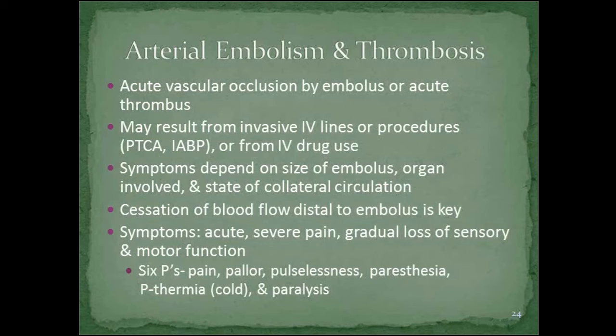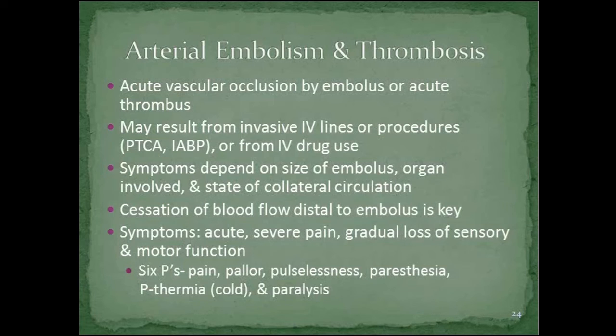So they're going to notice changes. You're going to notice changes in your assessment in those 6 P's of circulation: pain, pallor, pulselessness, paresthesia, poikilothermia, which I abbreviate as P-thermia, and it stands for temperature or coldness, and then paralysis.